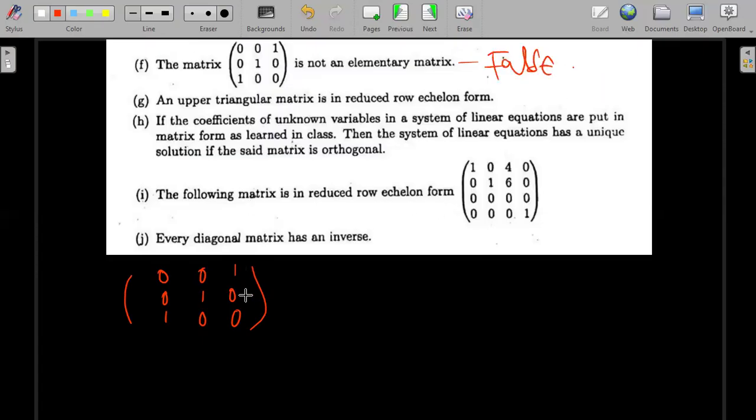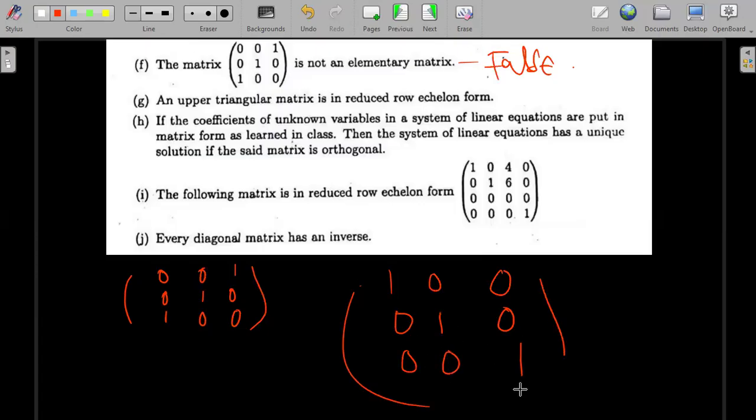So what has happened there? There's just been a shift of the first row with the last row. So it means the original matrix that we had here was 1, 0, 0, and then 0, 1, 0, and then the third one was 0, 0, 1.